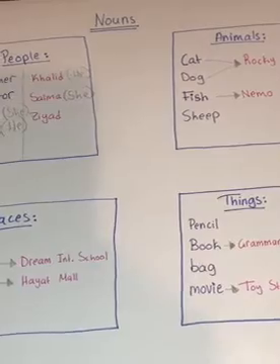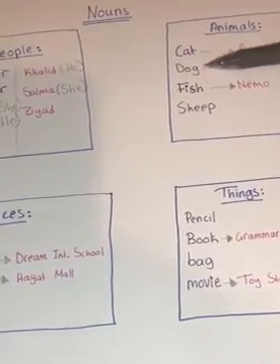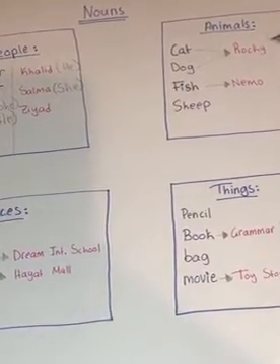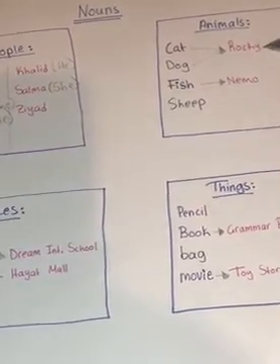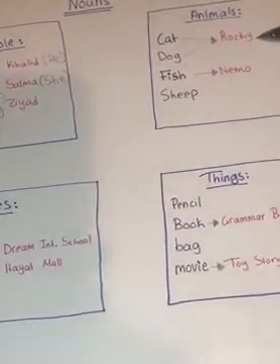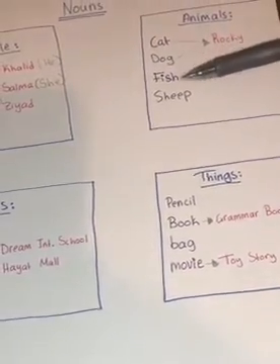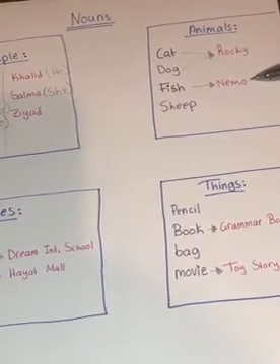But if the name of the cat is Rocky, for example, or the name of the dog is Rocky, this is a proper noun. Rocky here is a proper noun because we know exactly what the name is. Now, if the name of the fish is Nemo, you all watched Nemo, right?